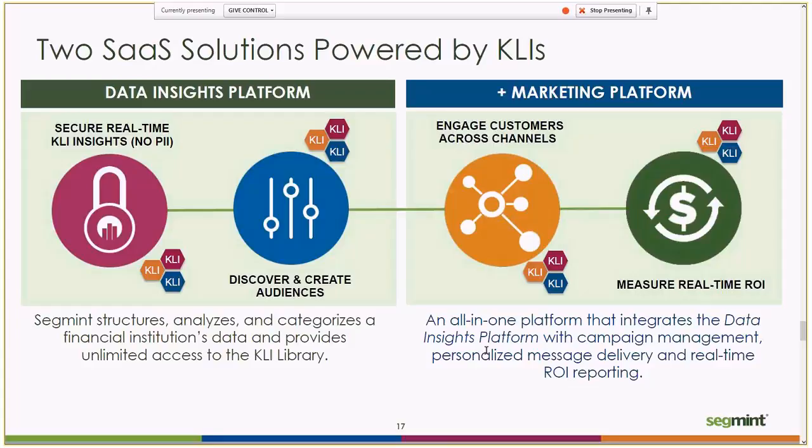But we also offer a second platform, which is a marketing platform, which you have the option then to leverage these key lifestyle indicators in a fully automated, end-to-end automated marketing platform where you can actually build campaigns around your various strategies with different goals and deliver in real time as your members are engaging with your channels, delivering meaningful, relevant, and personalized engagements to those members in real time in a fully automated way without having to hire new employees at the institution to make this work.